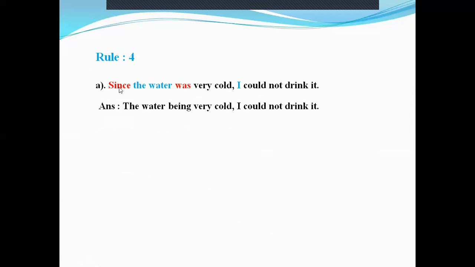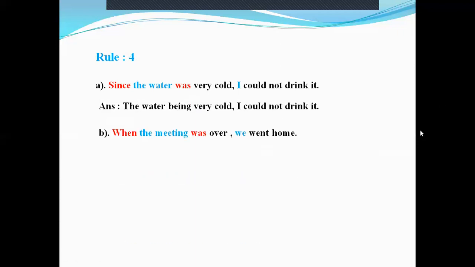Actually, if I repeat it, if you find since in a complex sentence and the subjects of both clauses are different, just omit since, then write the first subject, the water, then use ing with the be verb, so being, then the rest of the sentence.